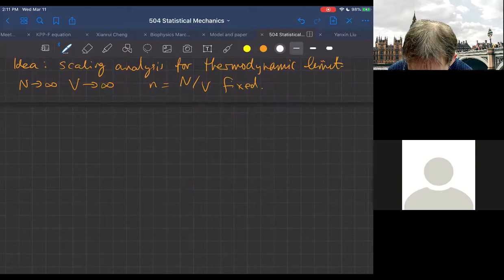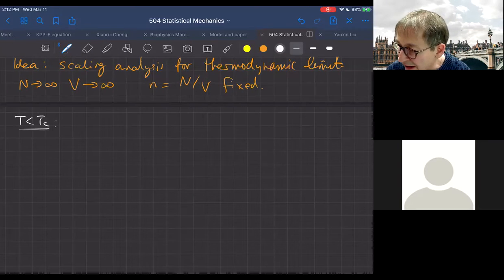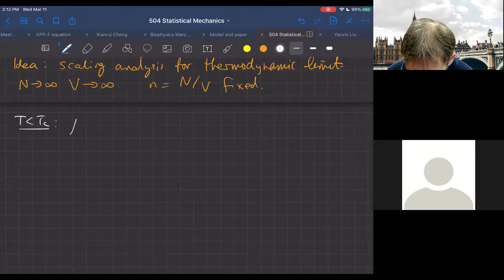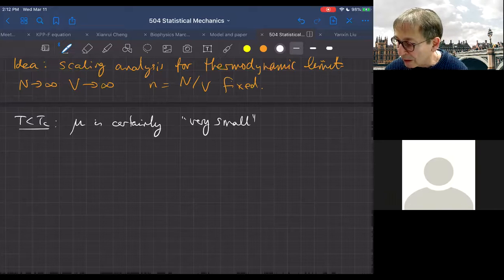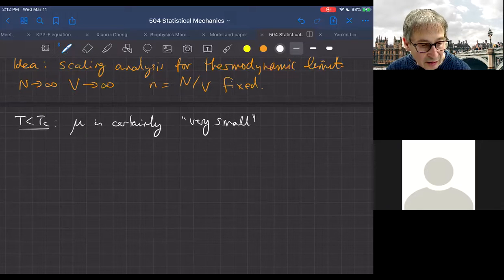So let's consider what happens for t less than Tc. What we know is that mu is certainly very small. I've written "very small" in quotation marks because we actually need to find out what very small actually means, so let's leave that question open for a moment.